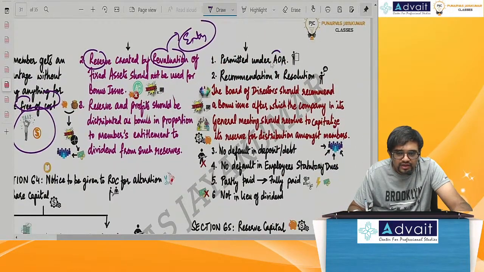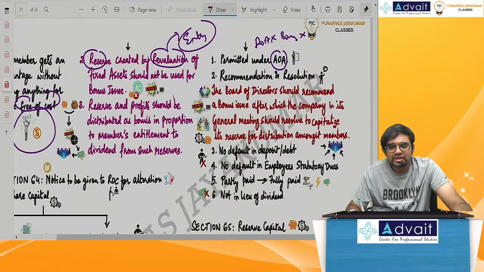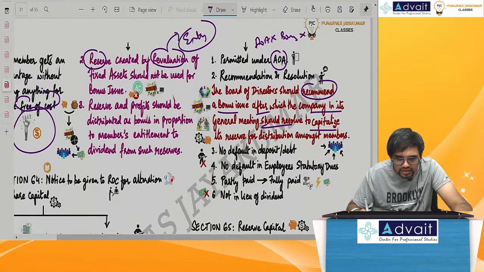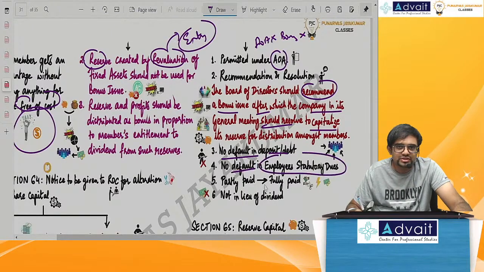So what are the rules of the bonus issue? It should be permitted under the AOA. Means if AOA is silent, bonus cannot be issued. Then recommendation: the board of directors should definitely recommend the bonus issue, after which the company in the general meeting should resolve to capitalize the reserve. There should be no default in deposit or debt. No default in employee statutory dues.